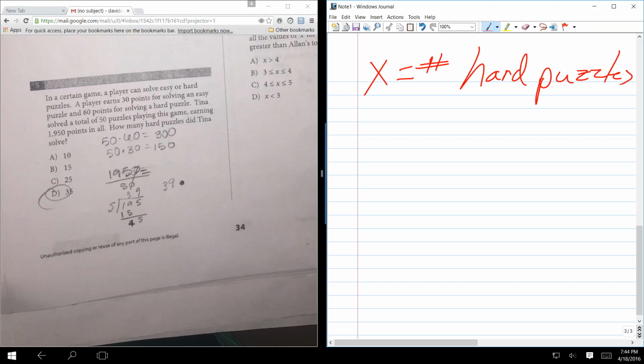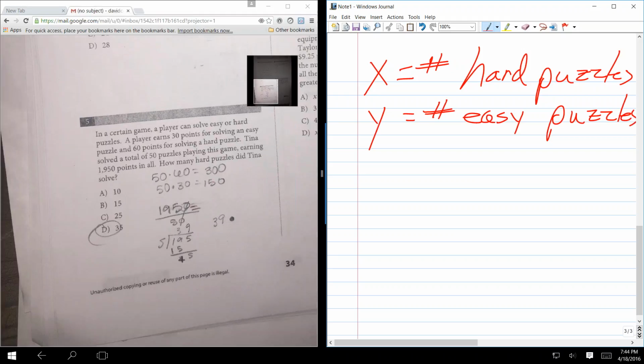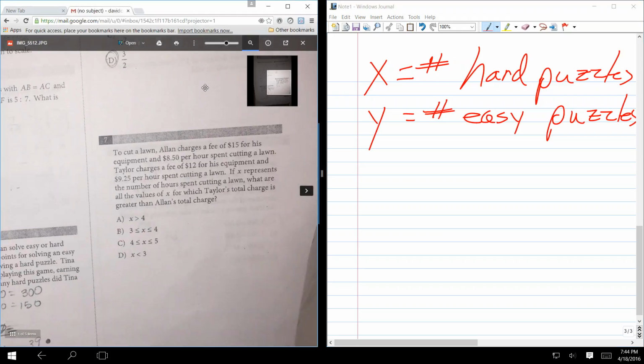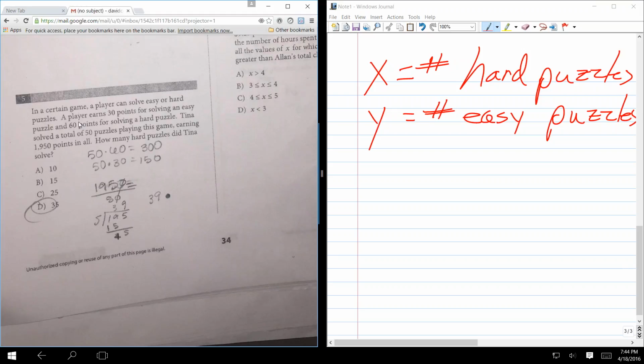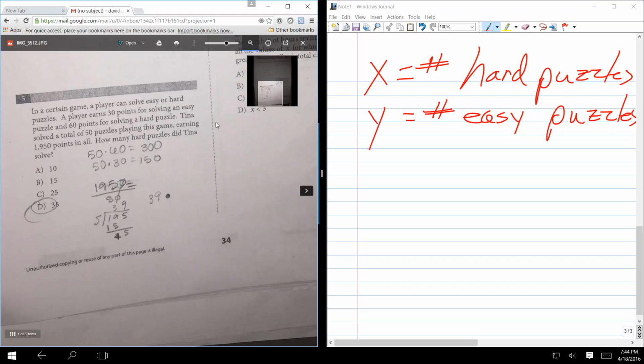Well, if I'm going to create a variable for hard puzzles, then I need a variable for easy puzzles, the number of easy puzzles. Now, what equation can I write from the second and the third sentence?